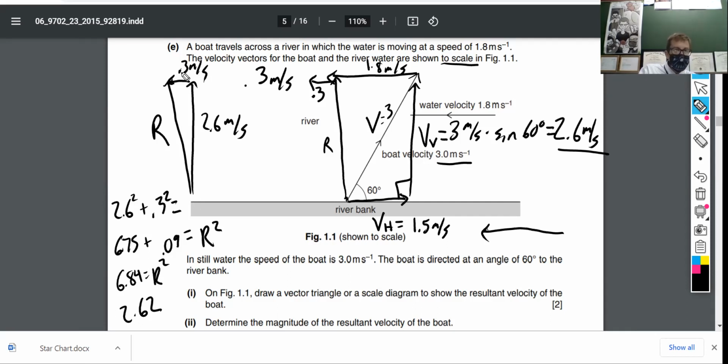Because there's a little bit of net speed to the left, because the water pushes us to the left a little bit more than our boat moved us to the right.